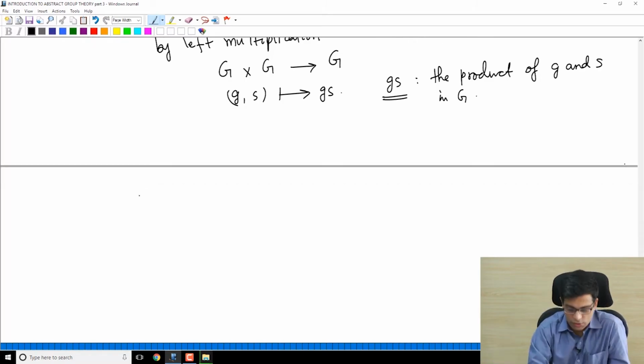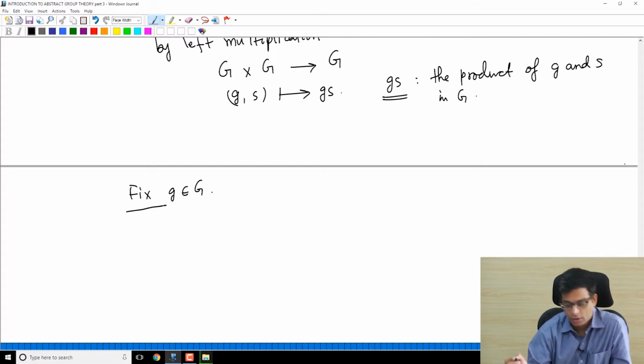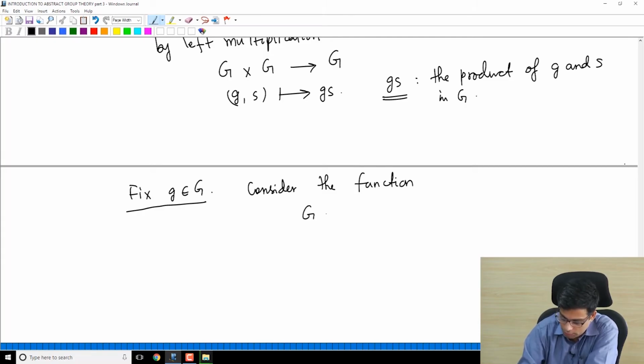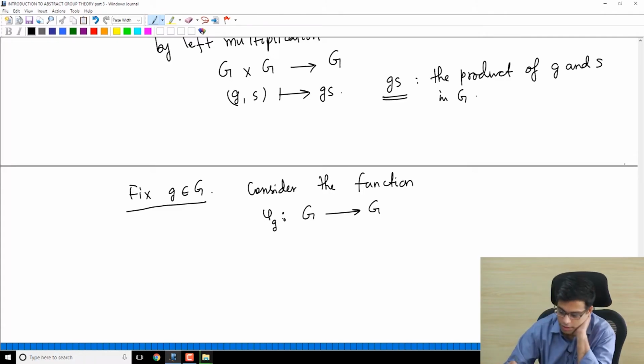Now how do I use this? First fix a small g in G. Consider the function from G to G. Because this function is dependent on g, let me call this phi sub g. Consider the function defined by, I'll take small s, phi g of s is gs.